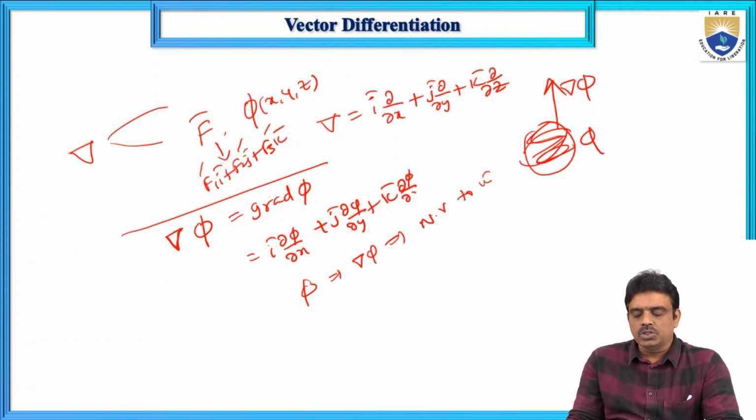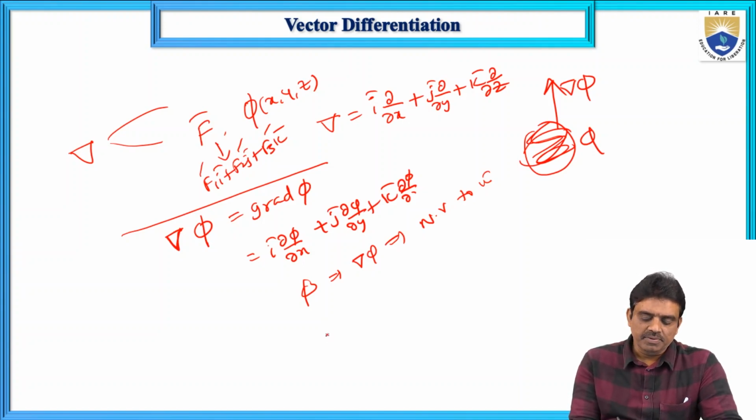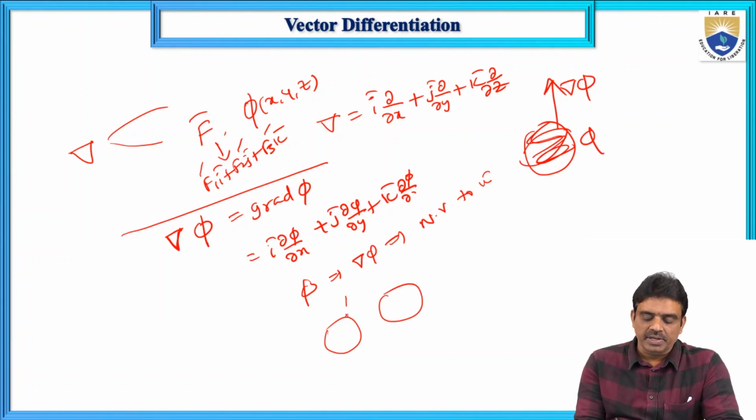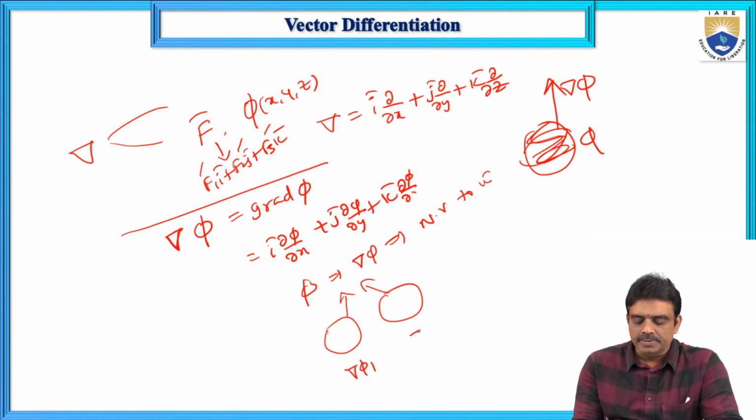Also, to find the angle between two surfaces, we use grad phi. If you want to find the angle between two surfaces, it is sufficient to find the angle between the two normals. The normal to the first surface is grad phi 1, and to the second surface is grad phi 2.